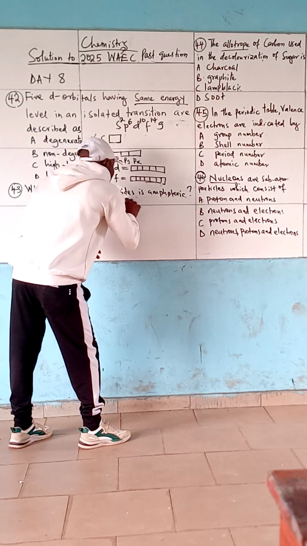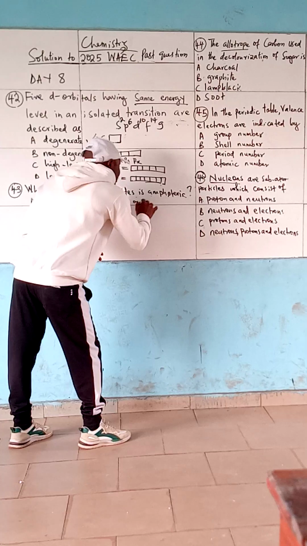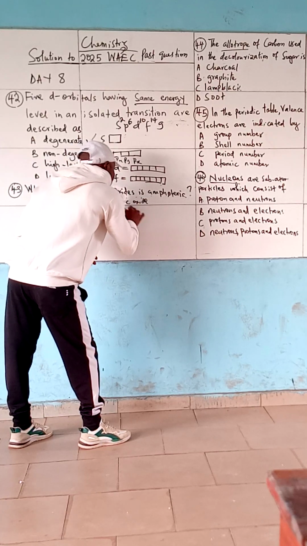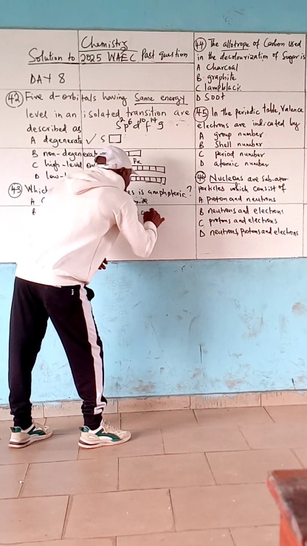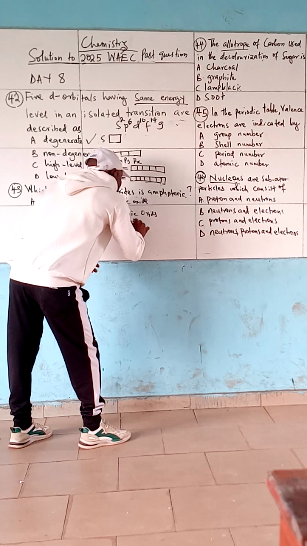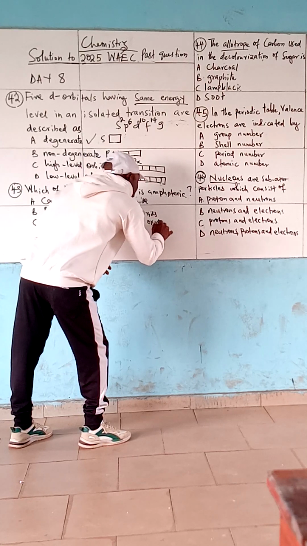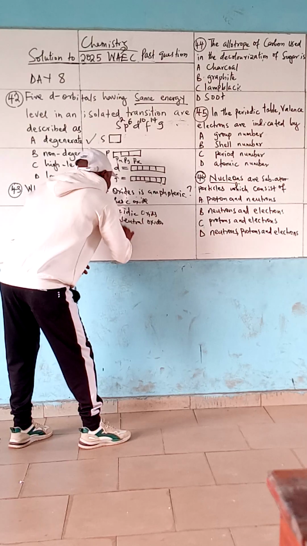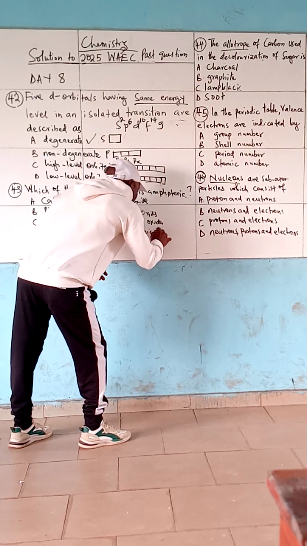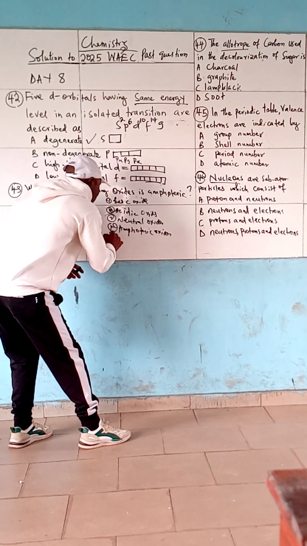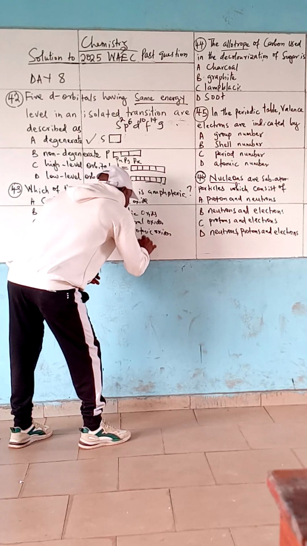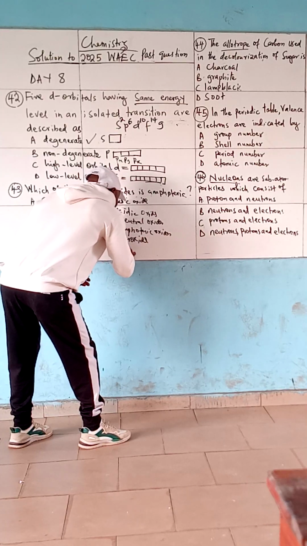We have 1, basic oxide. 2, acidic oxide. 3, neutral oxide. 4, amphoteric oxide. 5, peroxide, and 6, superoxide.